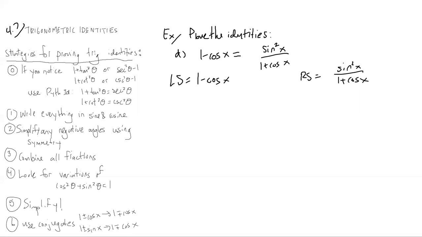So for this one here, I can see along the bottom, I've got this 1 plus cos x. So what I'm going to do here is multiply by the conjugate.